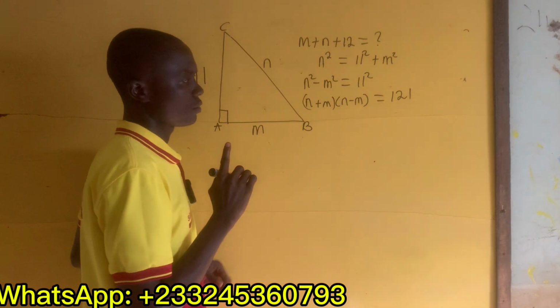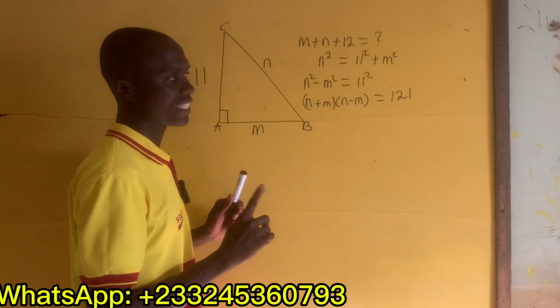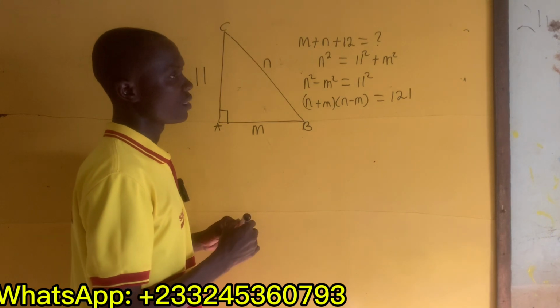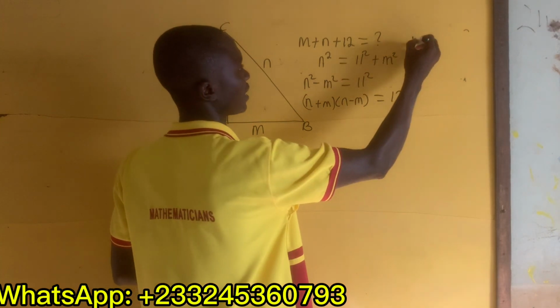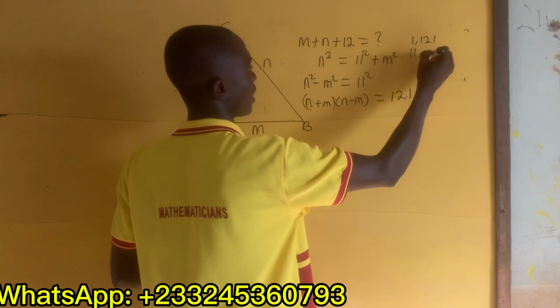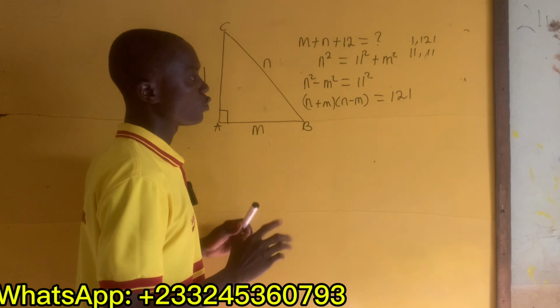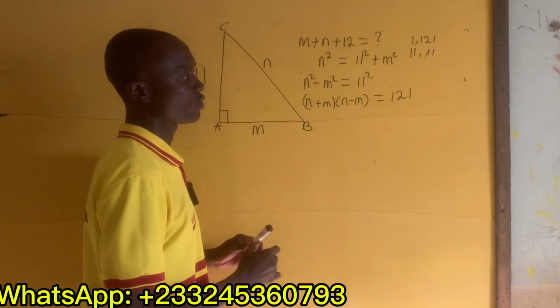Now, we get stuck. What do we do again? Let us find the factors of 121. I have 1 times 121 and 11 times 11. So these are the possible factors of 121.